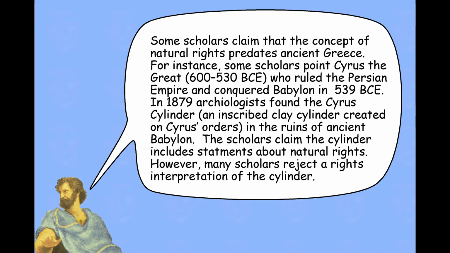Now, some scholars claim that the cylinder includes statements about natural rights. However, many scholars reject a rights interpretation of the cylinder, and the claim of these scholars that it represents the earliest known instance of articulation of natural rights is highly contentious.